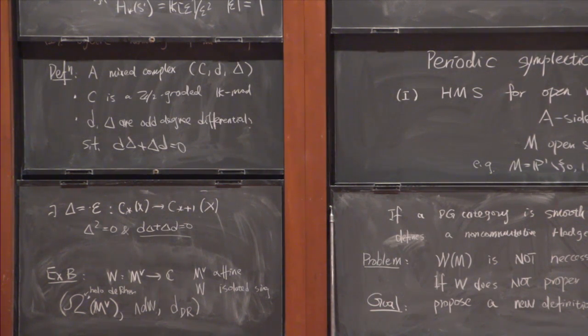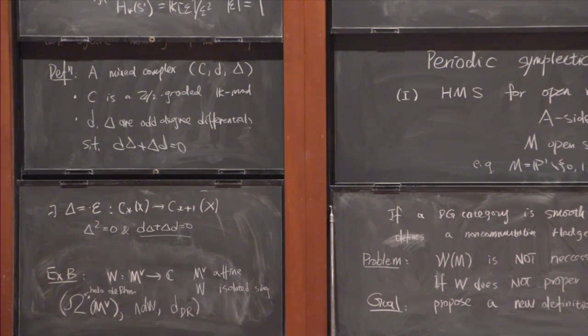So given this data, what you can do is cook up 3 chain complexes. The first one I will call C minus.